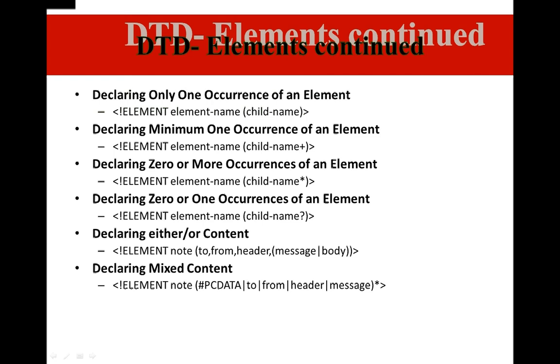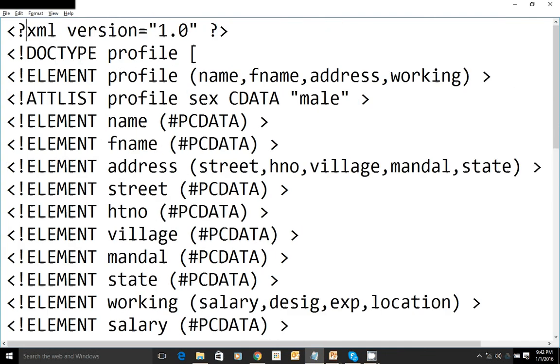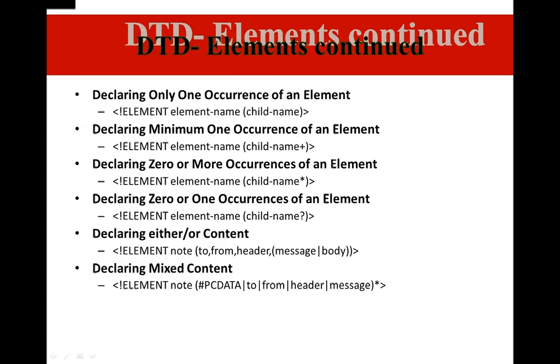When a child occurs only once, we simply write the element name, the child name. In our example, whatever children we have written, all of them exist exactly once. Name exists only once, father name exists only once, address exists only once, working exists only once. That's how we have written it. Suppose you want to specify that address could be more than one, then we use something called plus.